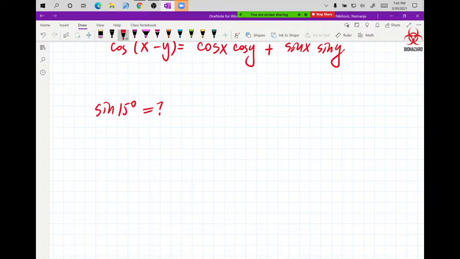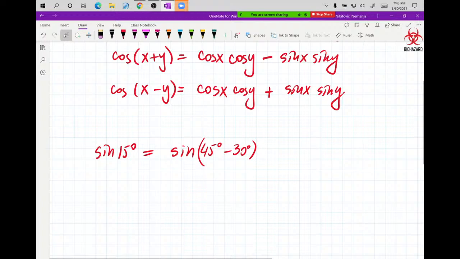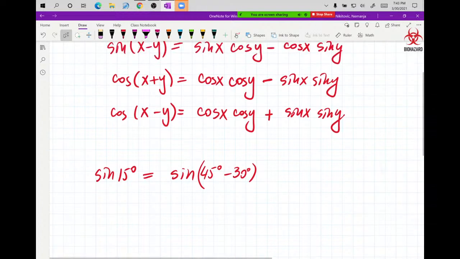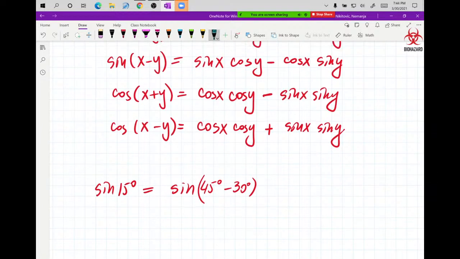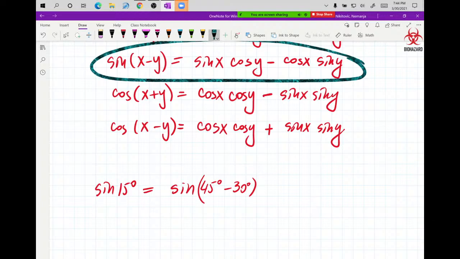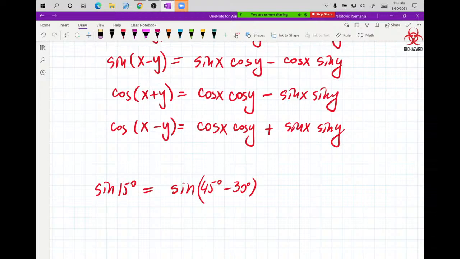As soon as you figure out that sine 15 degrees is sine of 45 degrees minus 30 degrees, because you can create 15 when you subtract 30 from 45. Awesome. And now, unleash the formula right here. And as you can see, all of your calculations will be done on 45 and 30. And you know those values because you learned them from that chart.